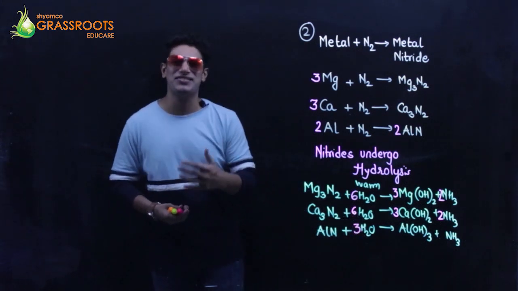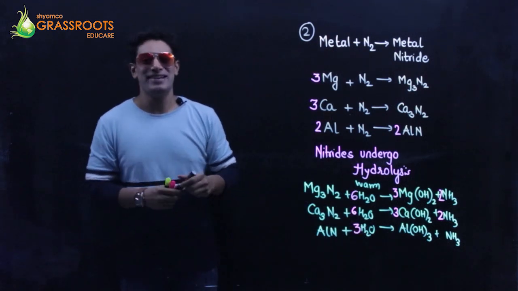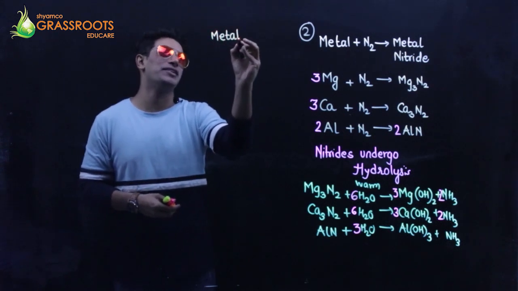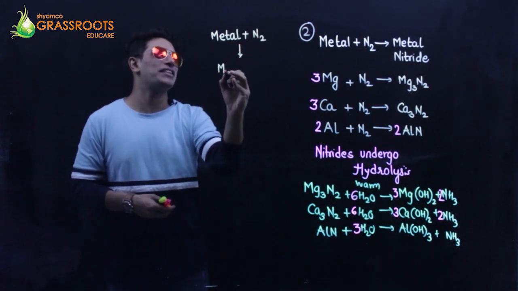So can I say that if I club it up, a metal plus nitrogen gives a metal nitride.